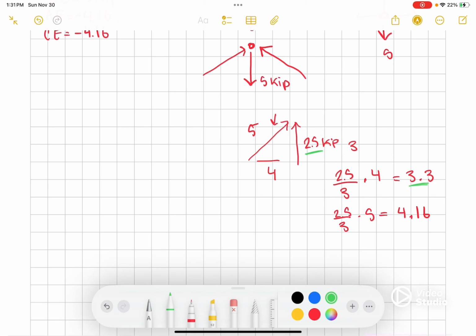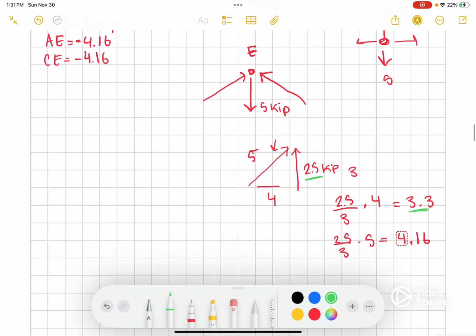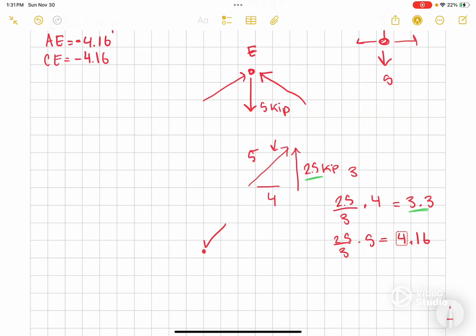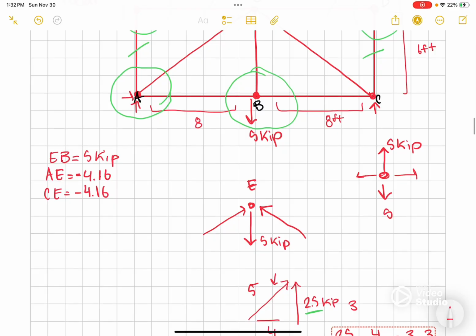There's only one horizontal force coming into A that can cancel out the 3.3 in compression, so our horizontal forces have to be 3.3 kips in tension. That means AB equals 3.3 kips, and BC also equals 3.3 kips.